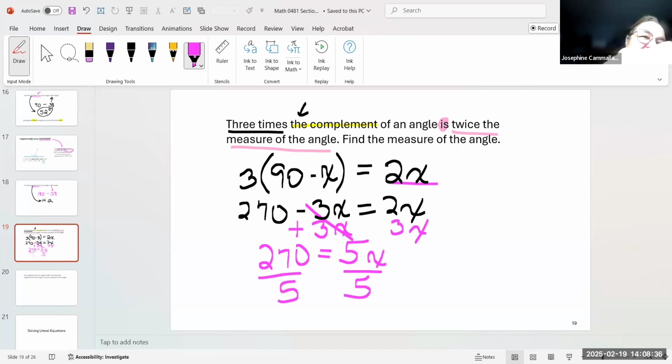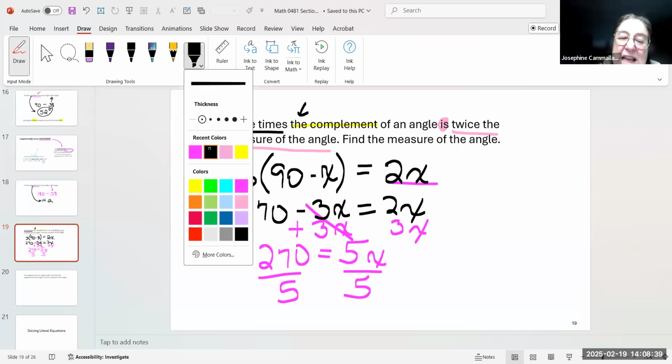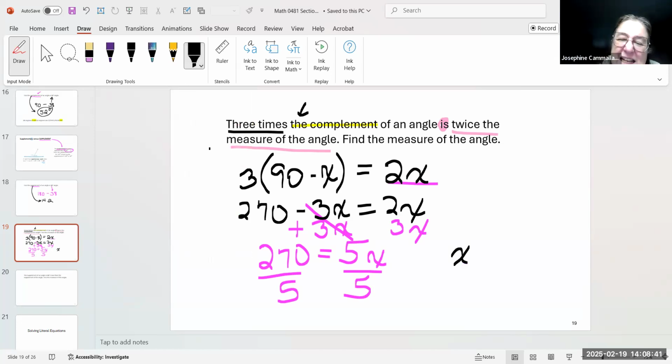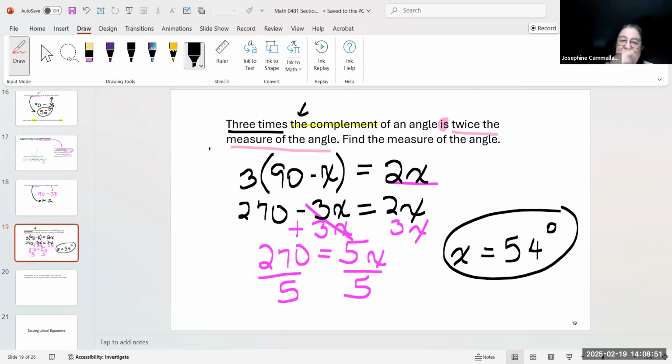Divide by 5. X is going to give you 54 degrees. 54 degrees is the measure of the angle.